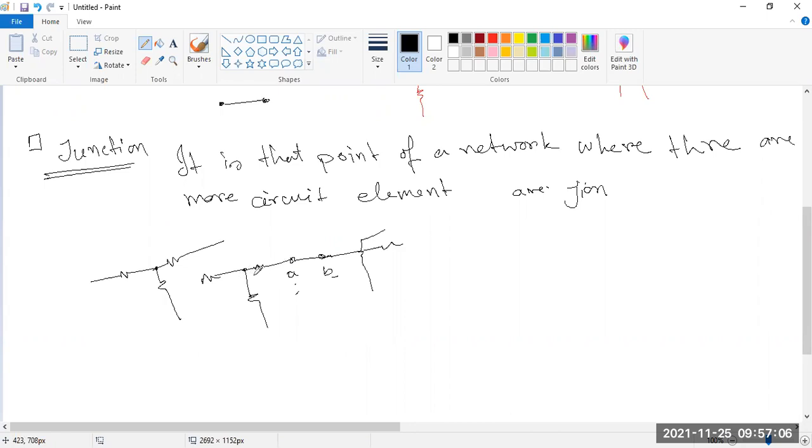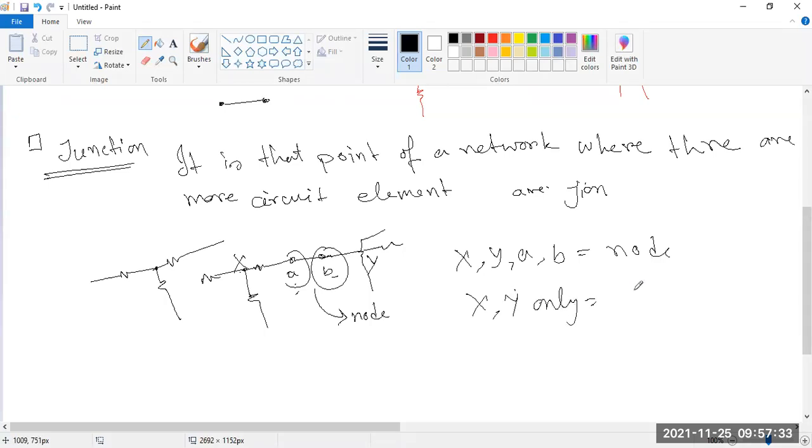But in case of junction, more than two elements must be joined. So A and B are nodes, and say this is X and this is Y. X, Y, A, B, all are nodes, but X and Y only are junctions.